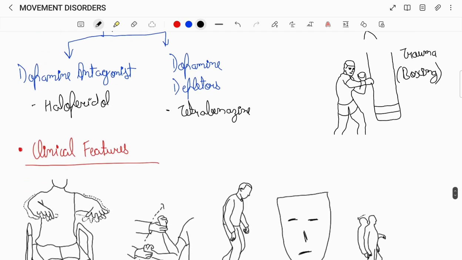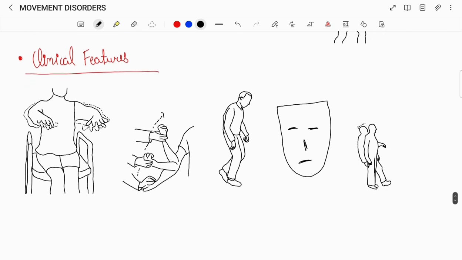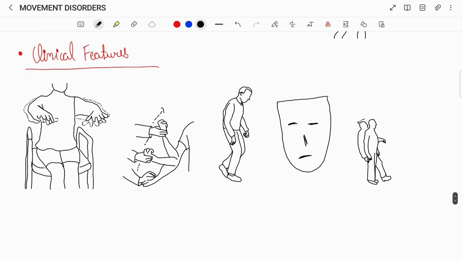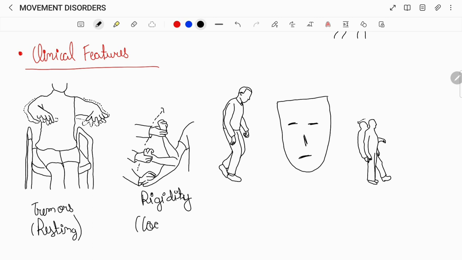If we move on to the clinical features of Parkinson's disease, then as you can see in the first diagram, the patient suffers from tremors, and these tremors are actually resting tremors. In the second diagram, what you see is rigidity, and the patient suffers from cogwheel type of rigidity.